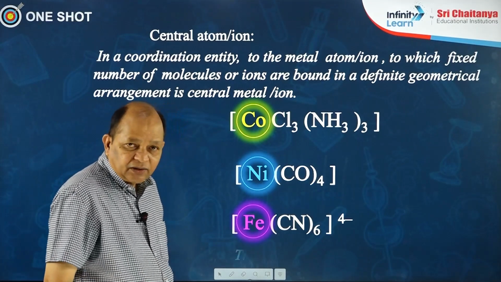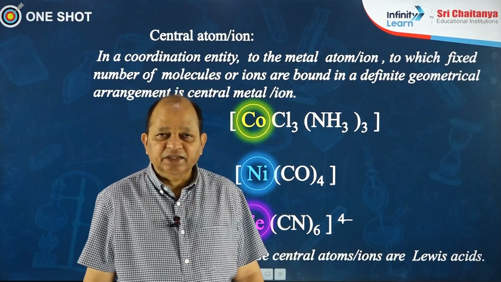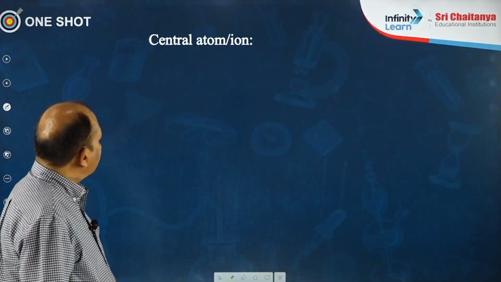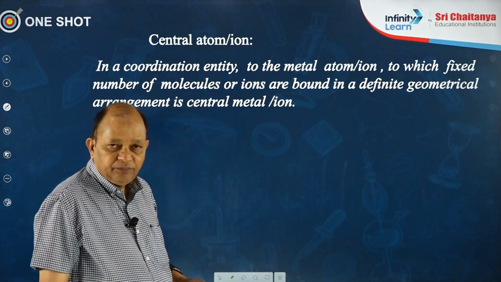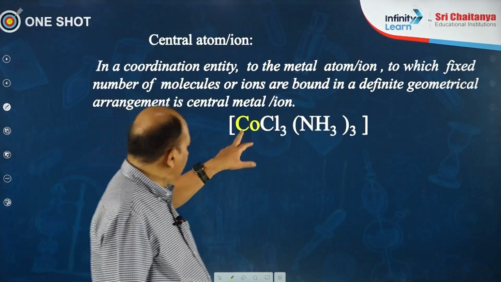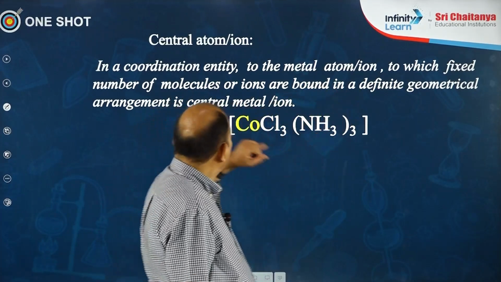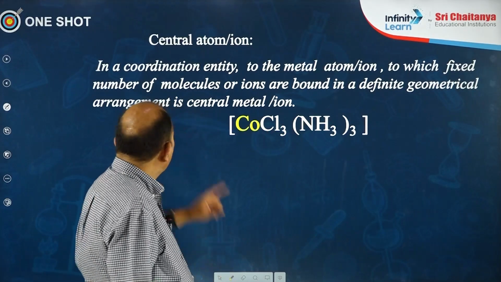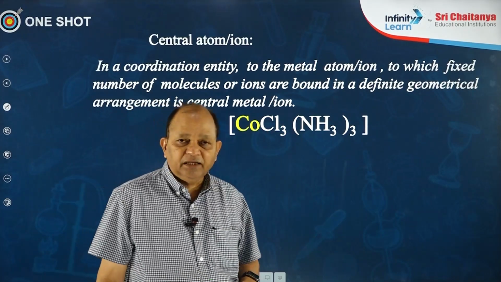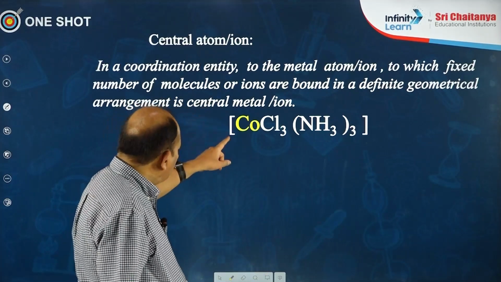These are electron deficient species, therefore they function as Lewis acids. In a coordination entity, the metal atom or ion to which a fixed number of molecules or ions are bound in a definite geometrical arrangement is called the central atom or ion.